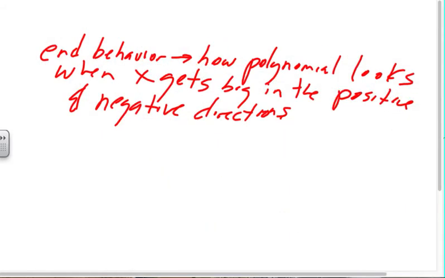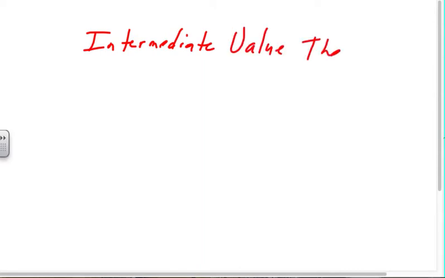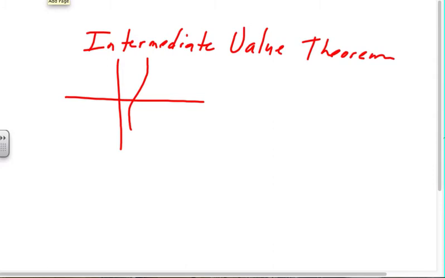Okay, next topic I want to talk about then is the intermediate value theorem. And this is going to become important to you also. So if I come in and let's draw an equation here. I've got a graph. That's 1, that is 2.